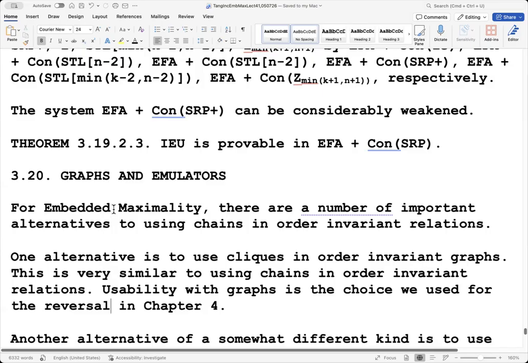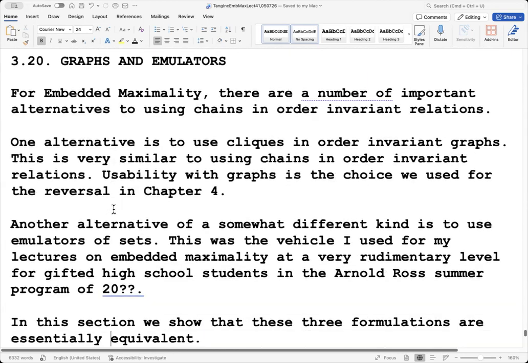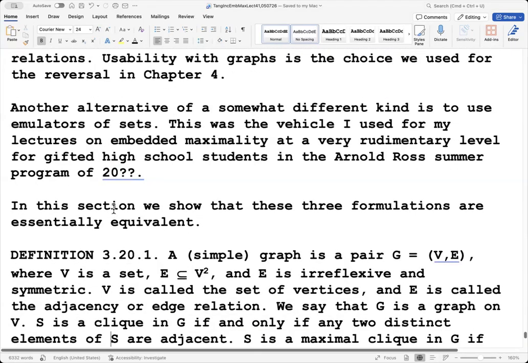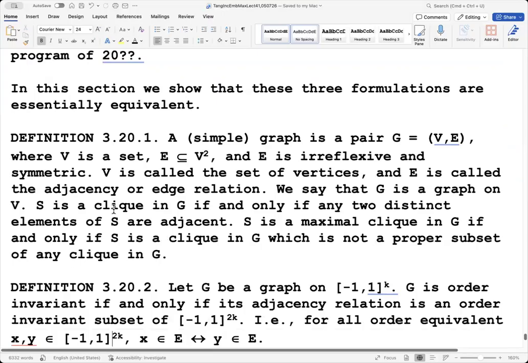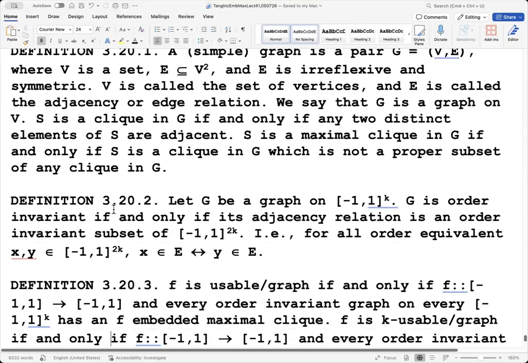And as I suggested, there's usability for graphs, which means F is usable for graphs means every order invariant graph on every minus 1, 1 to the k has an F embedded maximal clique. That's what it means. And then for emulators, a similar thing.